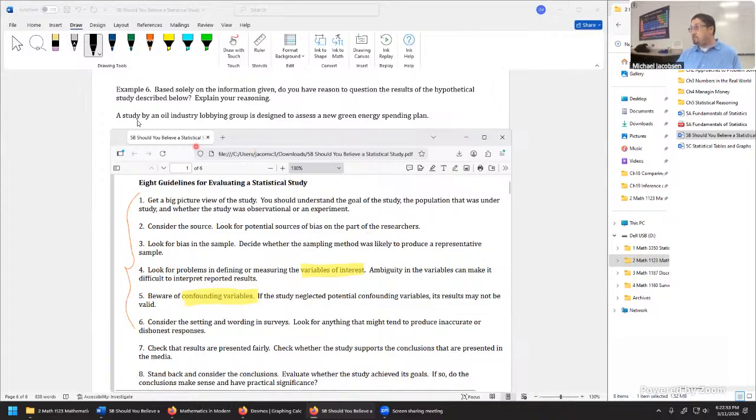And even if these people who design the study are really honest, hardworking scientists, by the fact that they work for the oil industry and are a lobbying group, that's a bias nonetheless, no matter how many PhDs they might happen to have. And yeah, great question. They don't even say how they're going to assess this, designed to assess a new green energy spending plan. Probably doesn't sound good by what this looks like so far.